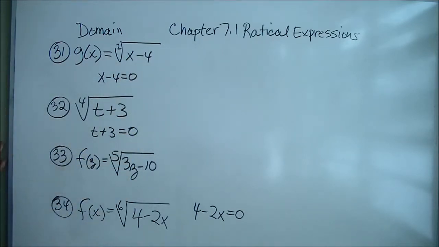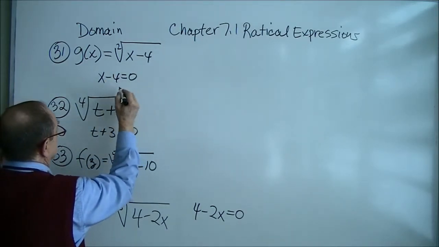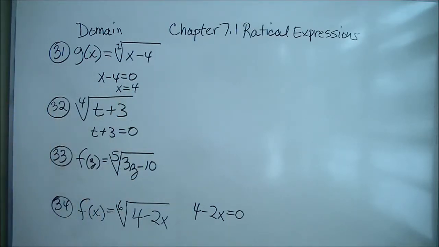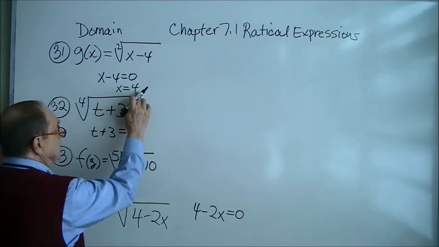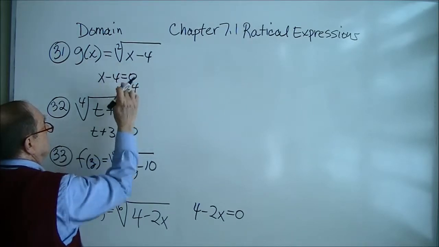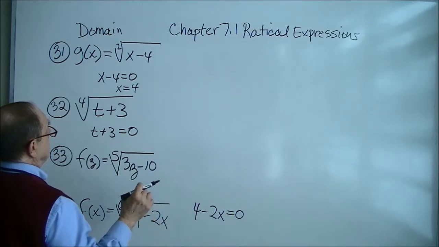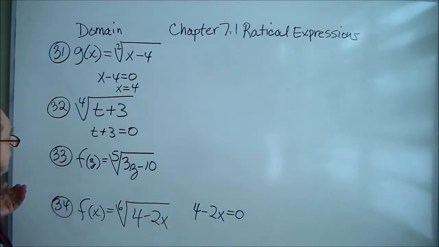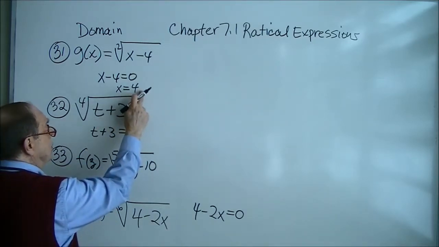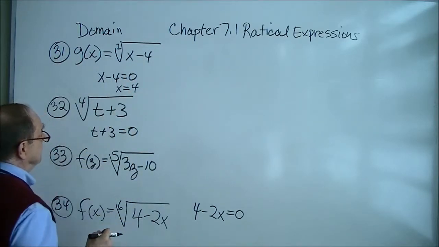So we're going to use that technique. So it's going to be x minus 4 equals 0, or x equals 4. So if you have a number that's less than 4 under this radical sign, like for instance, if x were 3 or 2 or 1, it would make this negative. And of course, if it were negative numbers.